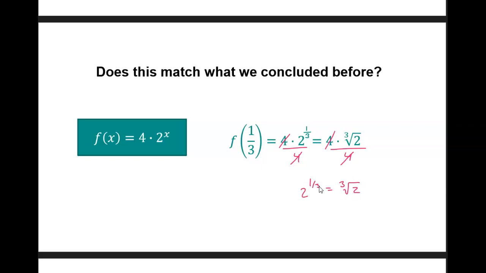So it seems like the denominator in this exponent turned into the base of the root. That was similar with the 1/2, right? We said 2 to the 1/2 was the square root of 2. So this denominator turns into the base of the root.